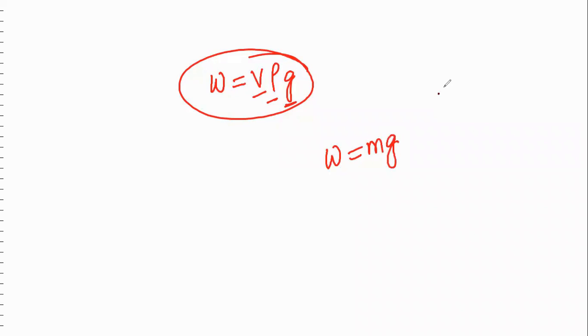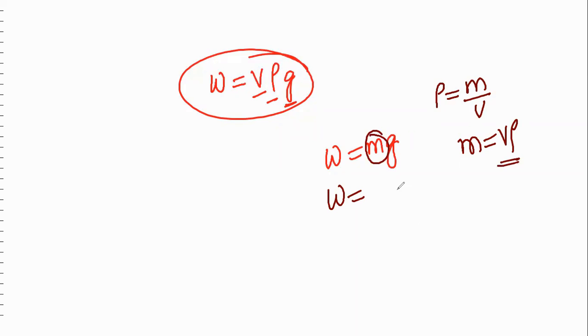Density is equal to mass by volume, therefore mass is equal to volume into density. So W is equal to V rho g.